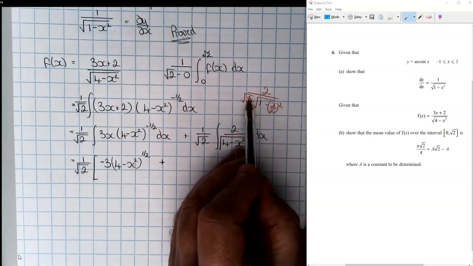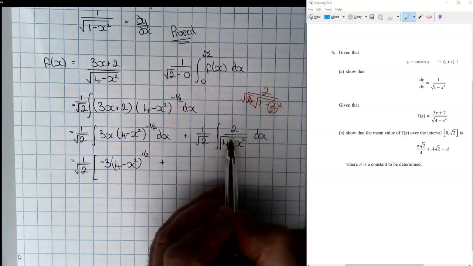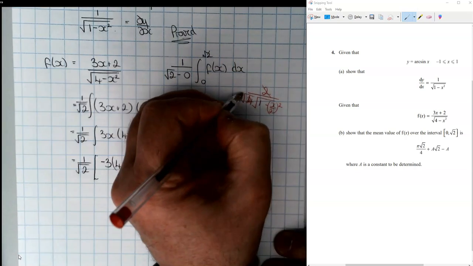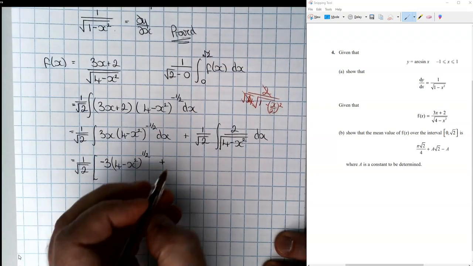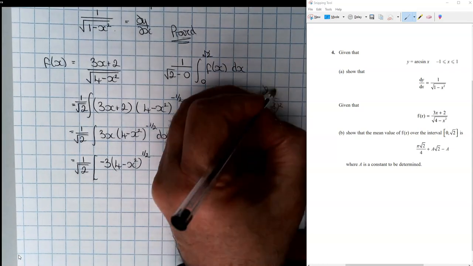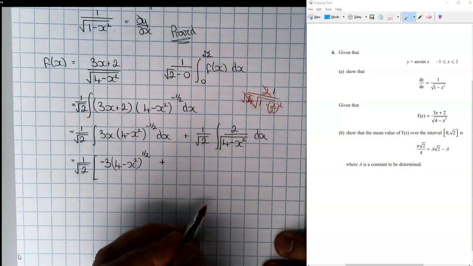So this is 4 times that will give me this, 4 times that will give me this. These two will cancel, so I'm left with the integral of 1 over root 1 minus x over 2 squared.